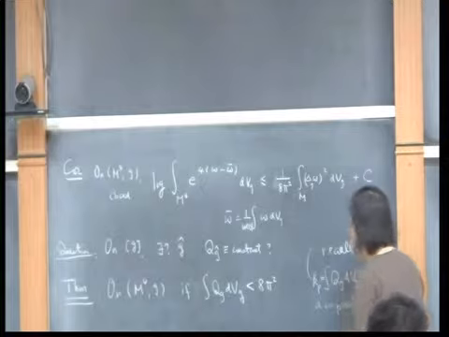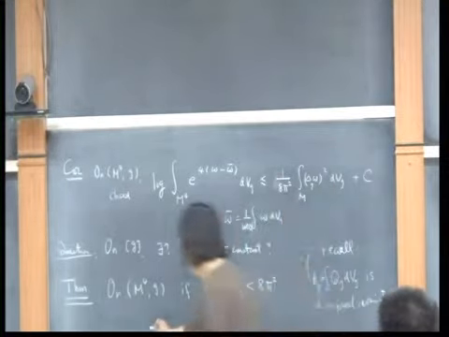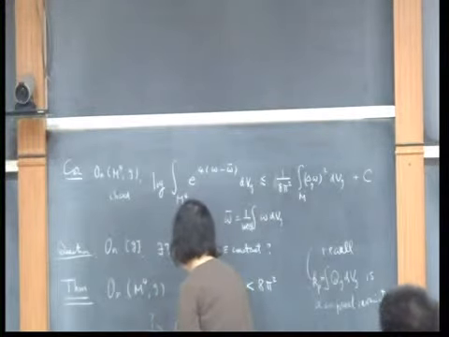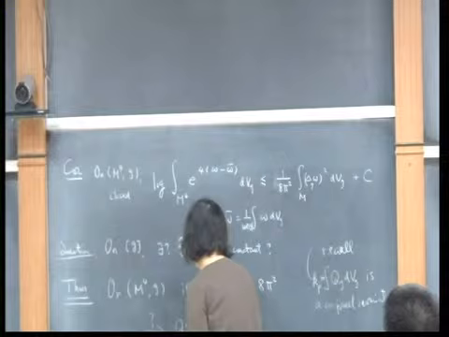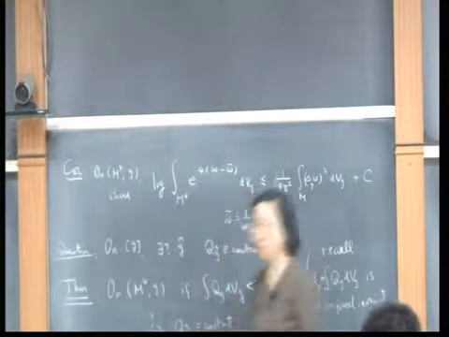So we are saying if this conformal invariant is less than 8 pi squared, does that lead to Q of g hat equal to constant? So that's the question.